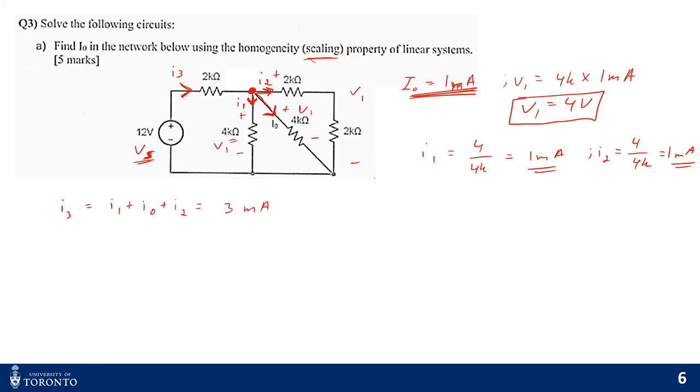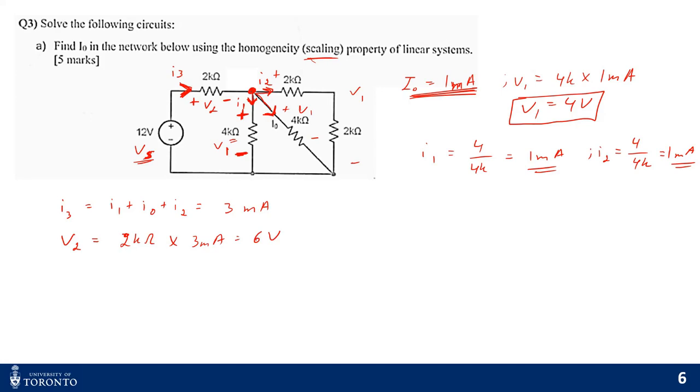If 3 milliamps flows through this resistance, I can find the voltage drop across it, which is V2. My V2 is 2 kilo ohms multiplied by 3 milliamps, so that should be 6 volts.